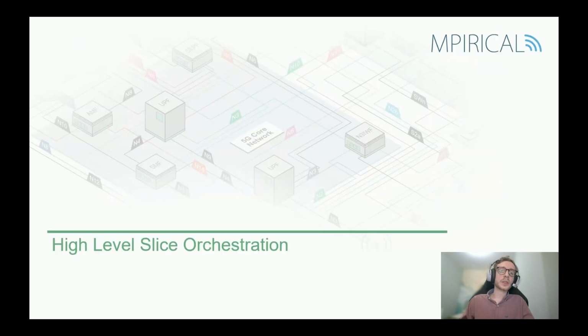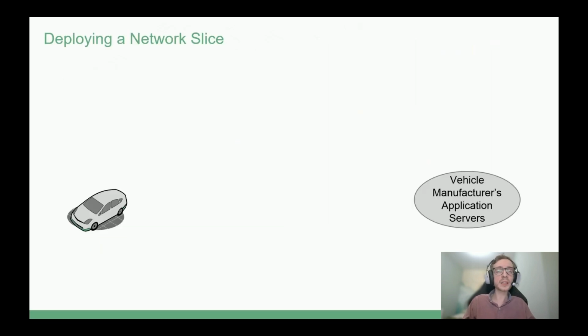Okay, so we've looked at the different slice service types, but how as a customer do we actually identify the attributes and the requirements that we need? And we do this through this higher level slice orchestration approach of deploying a network slice. So the example that I'm going to use here is we've got a vehicle manufacturer, let's say BMW, and they have an application server.